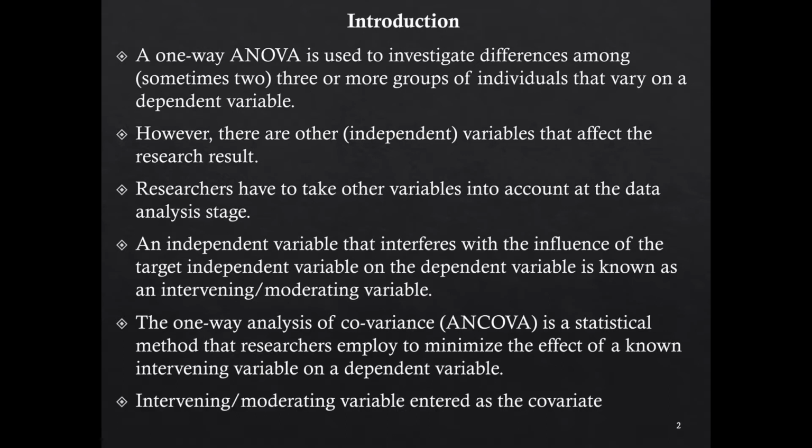The intervening or moderating variable that gets entered into the Ancova is known as a covariate. So I will be saying covariate today, and you can just think of the covariate as the intervening or moderating variable that we are trying to control for.